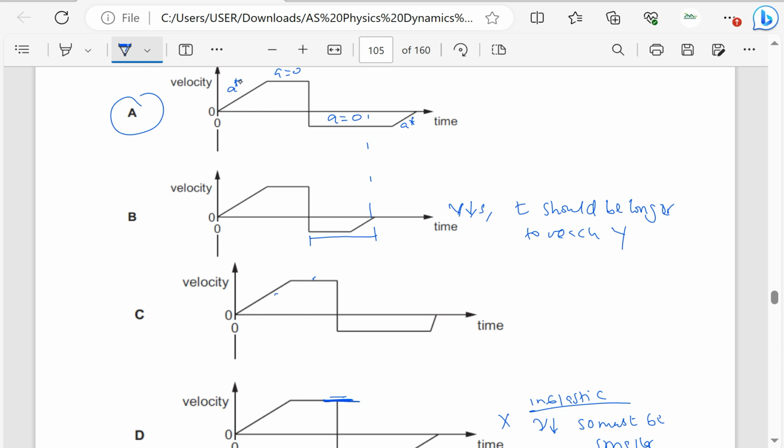It is taking a longer time, almost the same time to reach Y, but this one shows a smaller deceleration as compared to this one here. Because it momentarily comes to rest, it needs more time to rest. So the answer is going to be A.